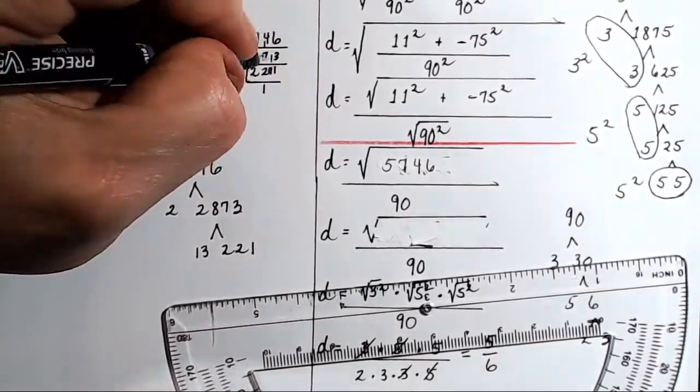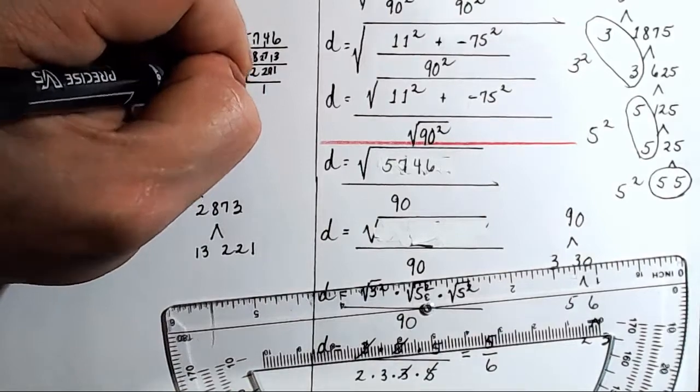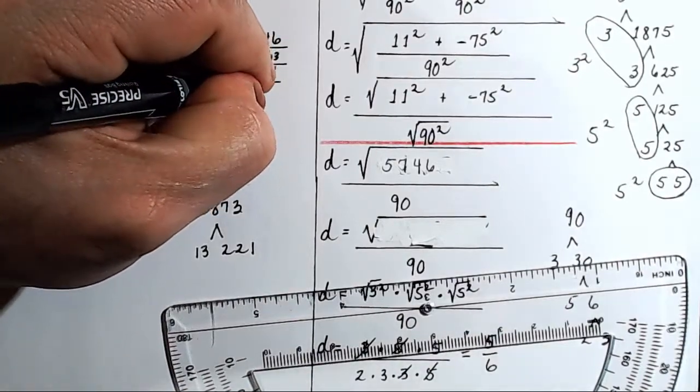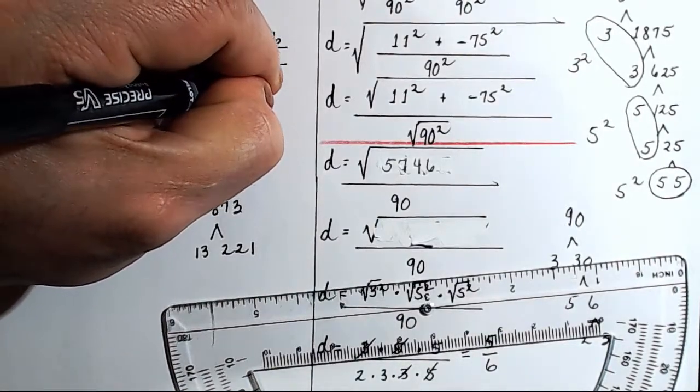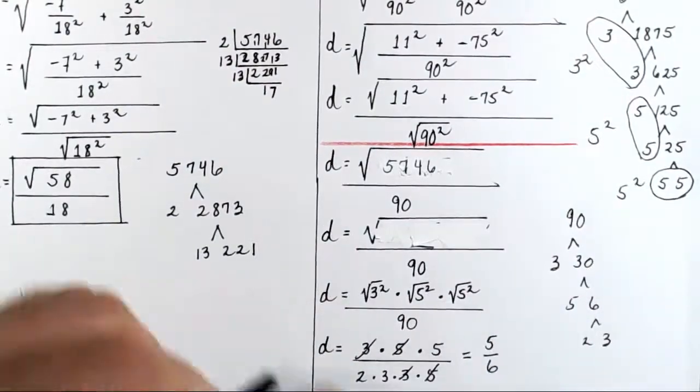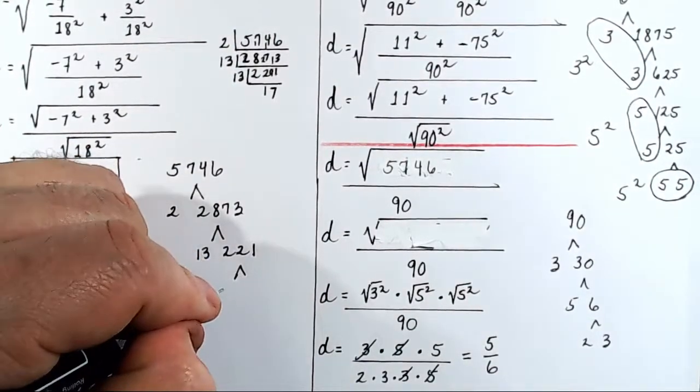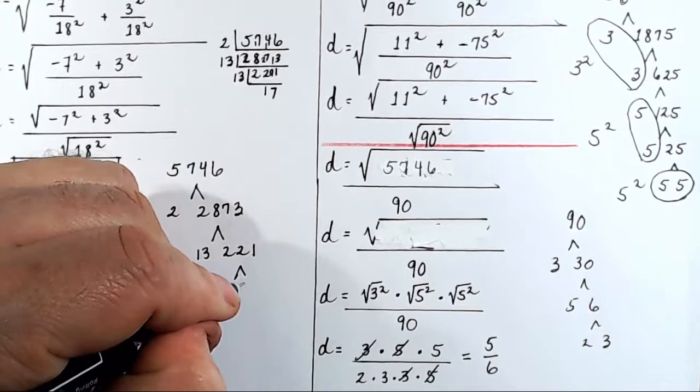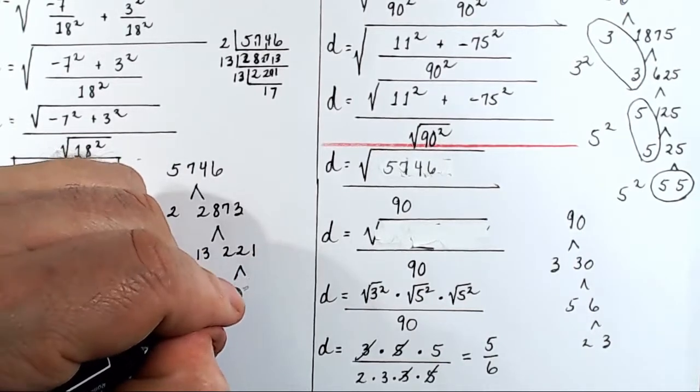Okay, so it's got to be 7, right? Because that's 21, carry the 2, yep. So it's 7. So this is breaking down now into 13 and 17.